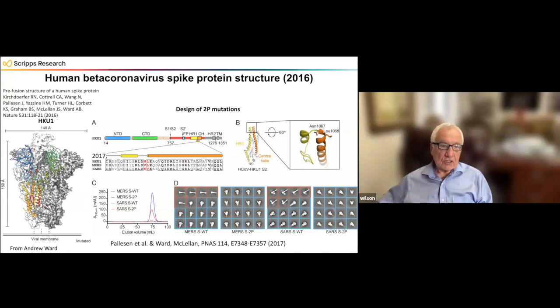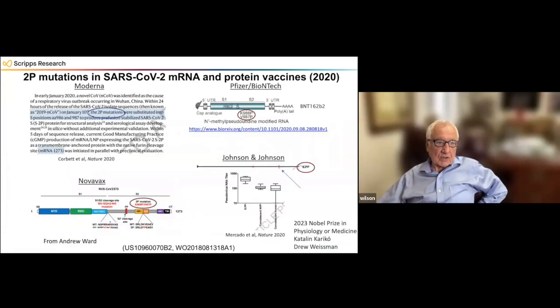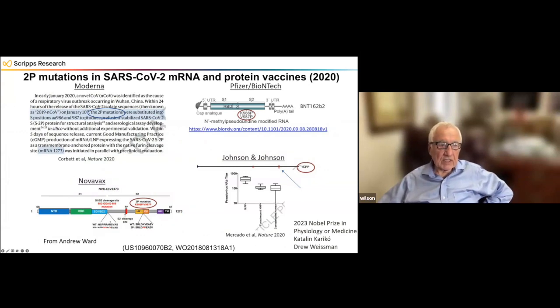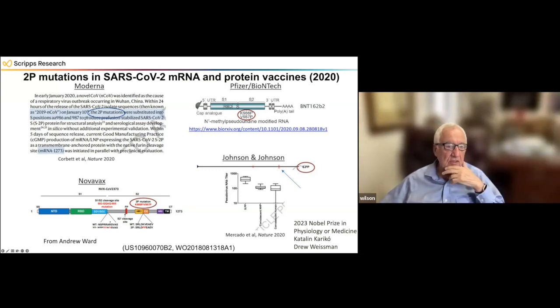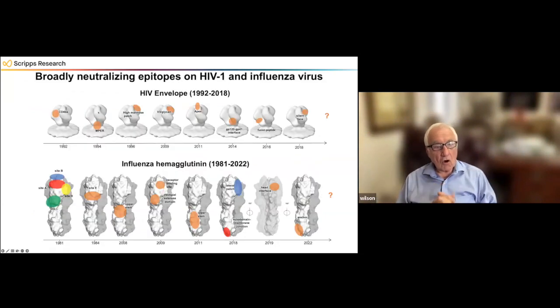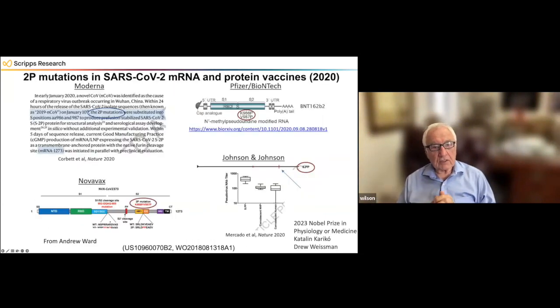In all of the vaccines, whether the mRNA vaccines, which were a great breakthrough at the time, and we got the Nobel Prize awarded this year for that technology, all of these constructs from Moderna, from Pfizer, J&J, and a protein construct from Novavax used these 2P mutations to help stabilize the spike, enabling our immune system to recognize the correct form of the spike protein in order to help combat SARS-CoV-2.